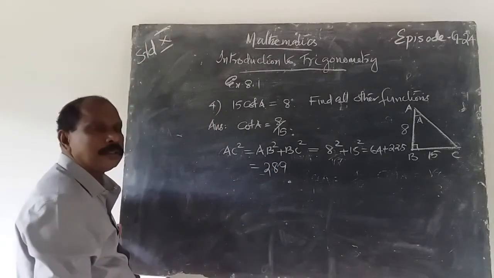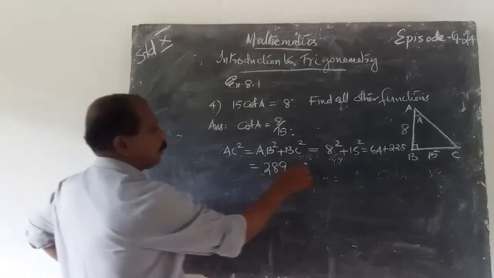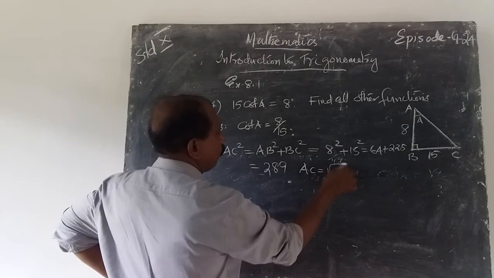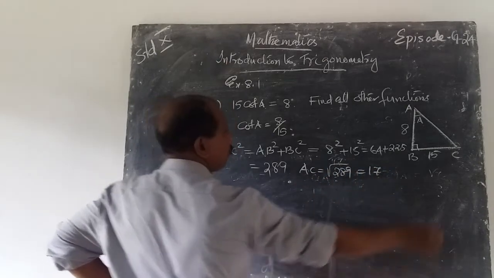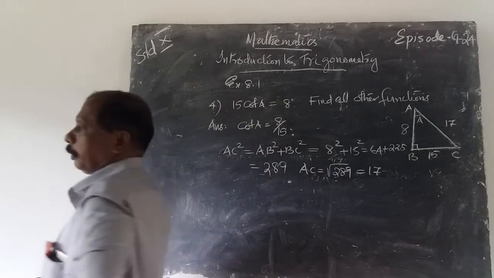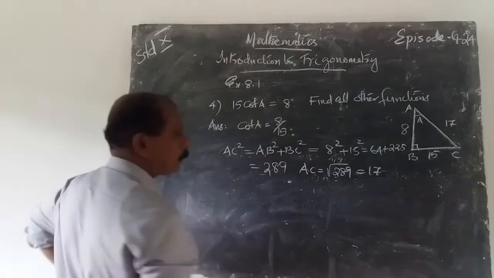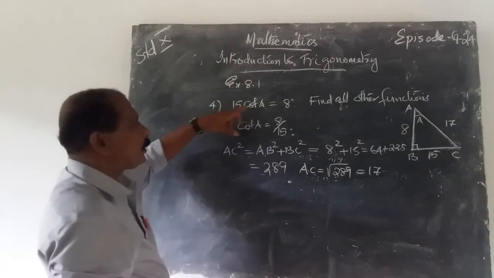What is it? 17 square. Therefore, AC is equal to root 289, equal to 17. Therefore, the hypotenuse is 17 centimeter.